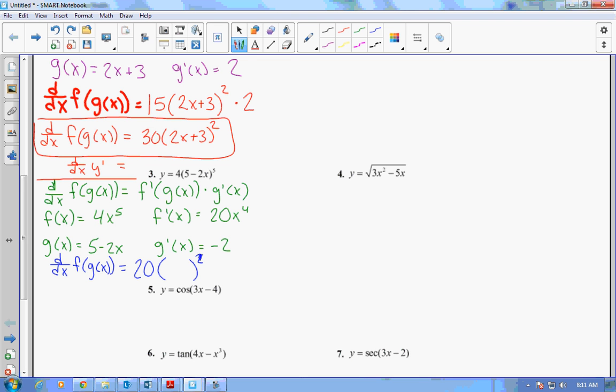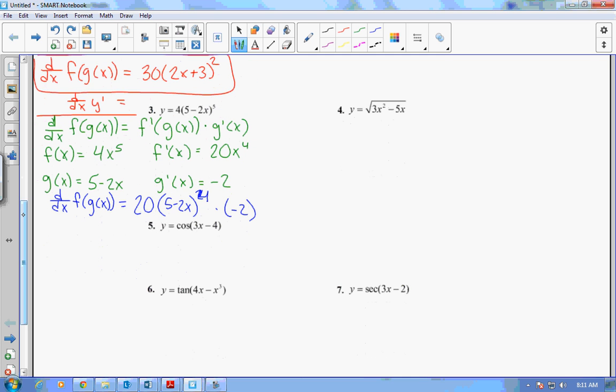That's a 4 actually, huh? I plug in g, which is 5 minus 2x, times g prime of x, which is negative 2. So parentheses would be important so it doesn't look like you're subtracting. 20 times the negative 2 is the last step we need to do there.